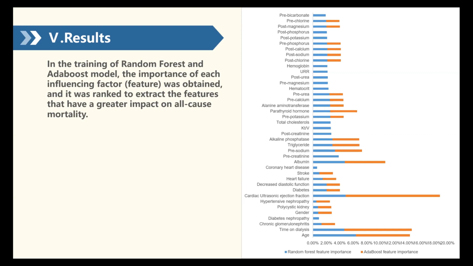The experimental results showed that in the patient population, the characteristics that had a greater impact on all-cause mortality were age on dialysis, age, albumin, potassium, cardiac ultrasound, and so on.